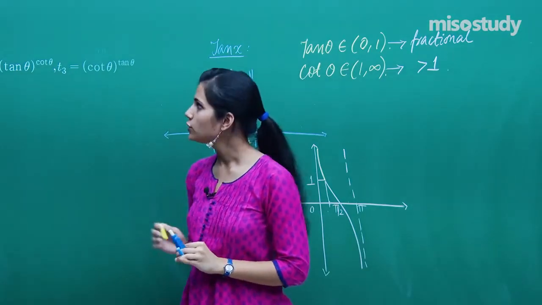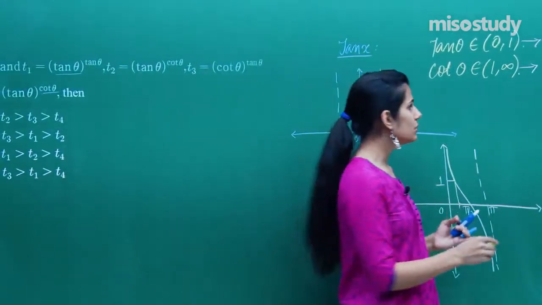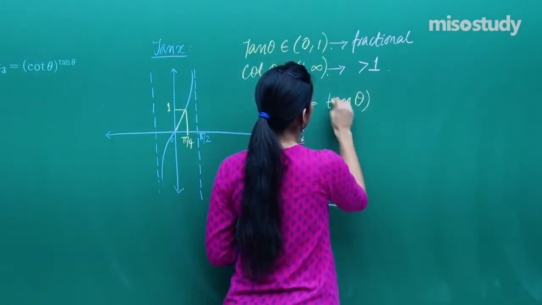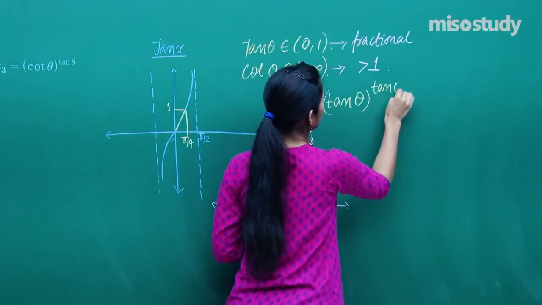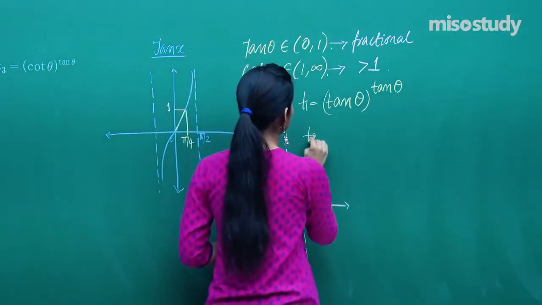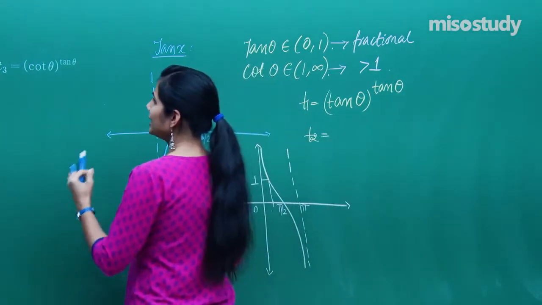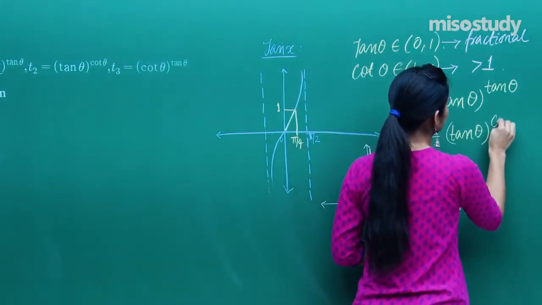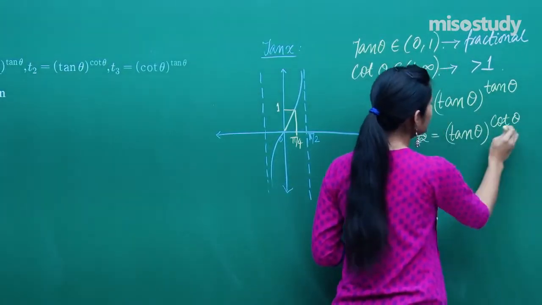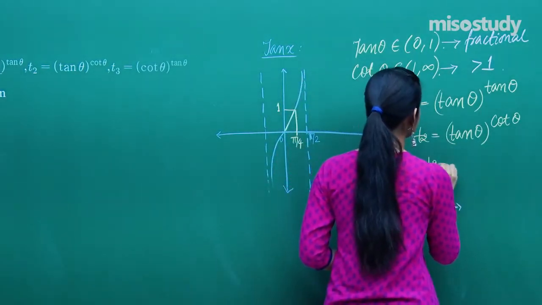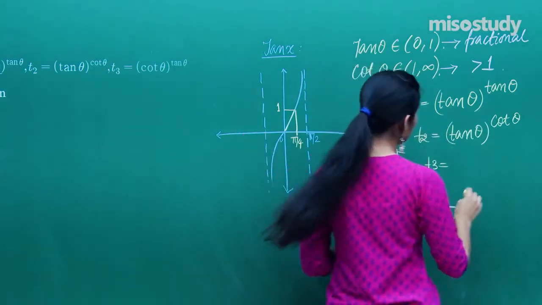Now see what is given to you. T1 is tan theta to the power tan theta. Fractional to the power fractional. T2 is what? Tan theta to the power cot theta. Fractional to the power number greater than 1. What is T3? Cot theta to the power tan theta.